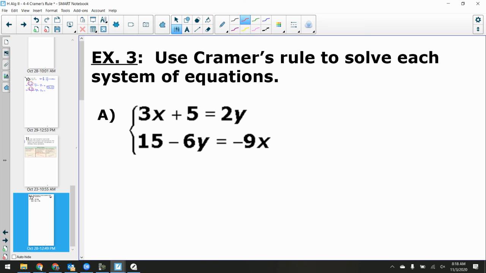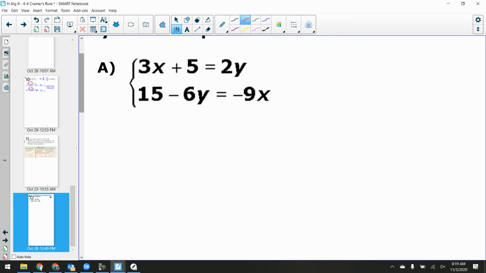Okay, use Cramer's rule to solve the system of equations. Now, first off, is this set up? No. We have to get this set up correctly, so I'm going to manipulate this a little bit. Let's say we've got 3x.